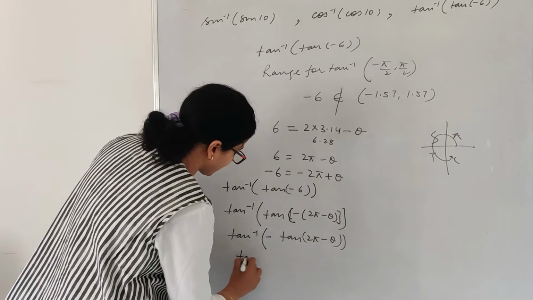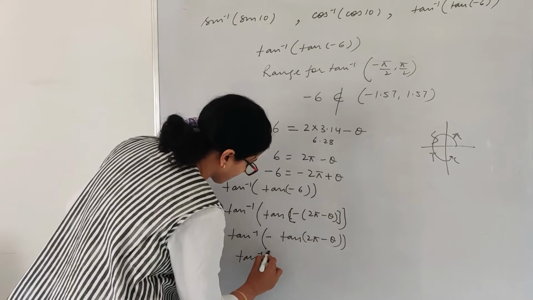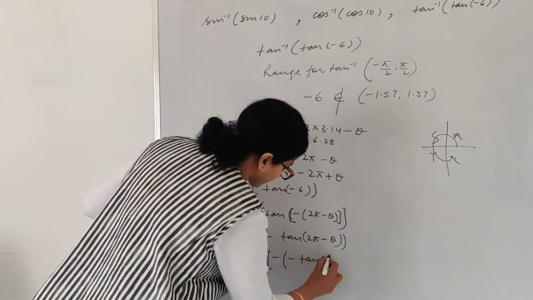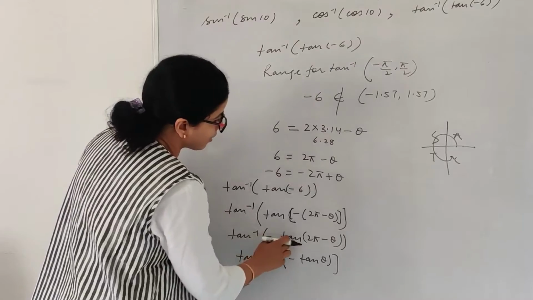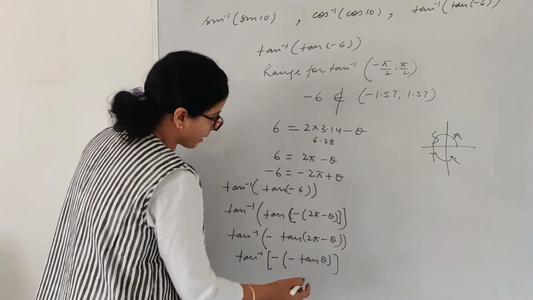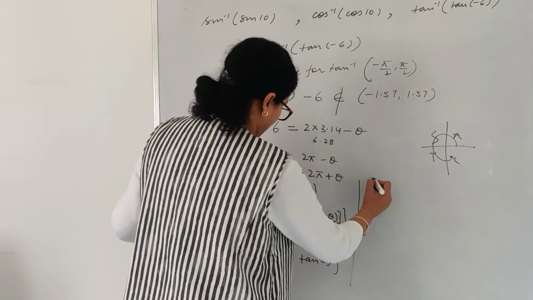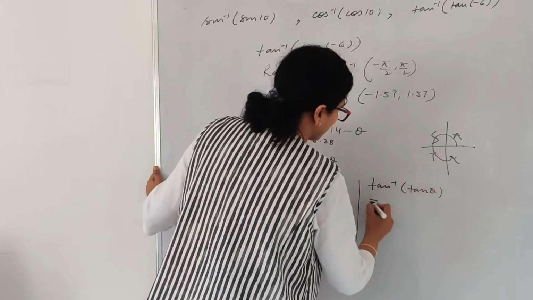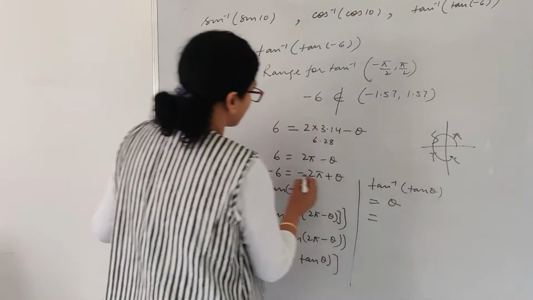So again I will get tan inverse of minus tan theta. Already I had one minus, and from here I got another minus, so tan inverse of tan theta, which is equal to theta. So what is the value of theta from here?